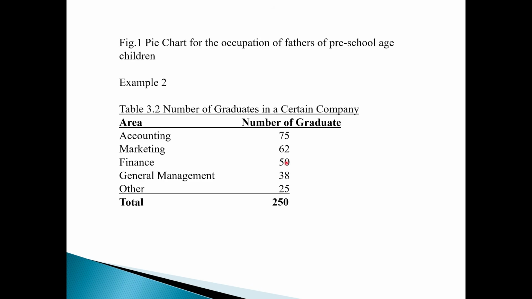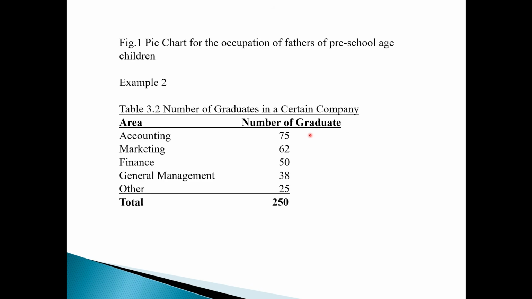So what you should do is determine how many degrees each category represents in a pie. How will you know that? You have to convert this frequency into percentages. Why? It's because a circle has 360 degrees.